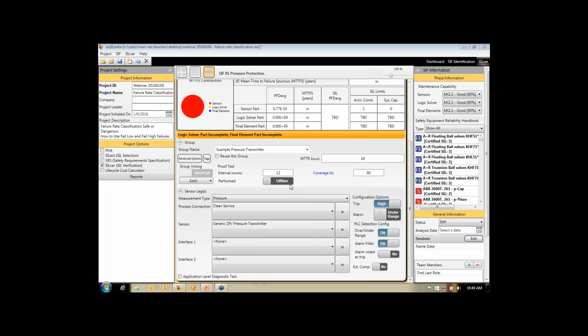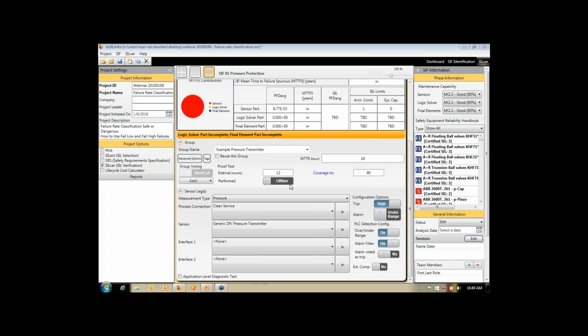An example of a fail detected failure could be, and some transmitters use something similar to a tuning fork, and if that frequency is off, there's an indication that one of the measurement items may not work correctly, and they may flag that as a detected failure.